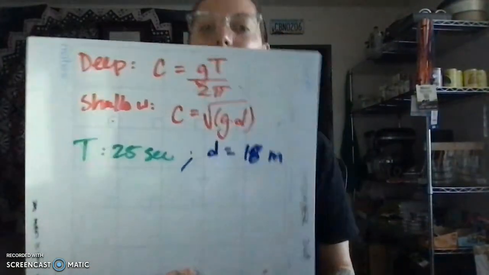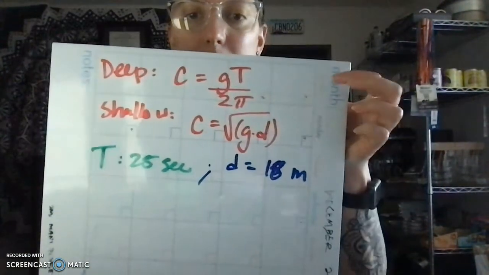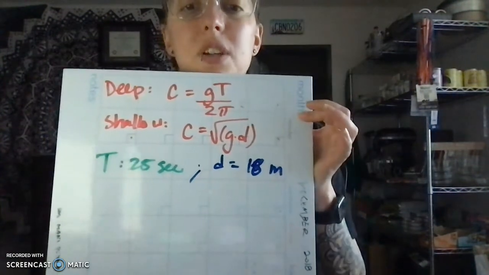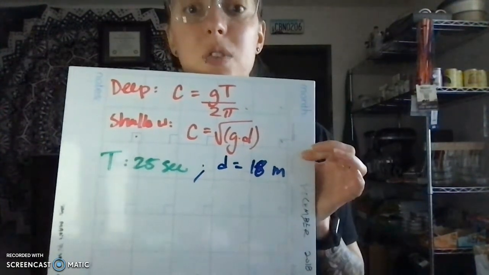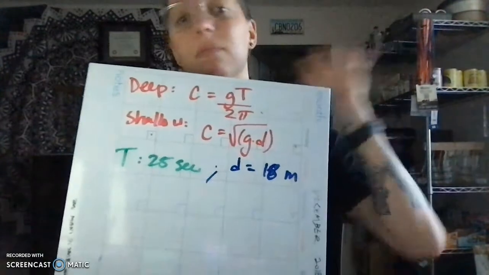So I want you to work through these equations. This is what my setup looks like: I wrote down my deep water relation, my shallow water relation, and also what I'm given, the numbers I'm making up. I want you to simply step through these things. So I'll find my deep water speed. C is equal to gravity, which is 9.8.